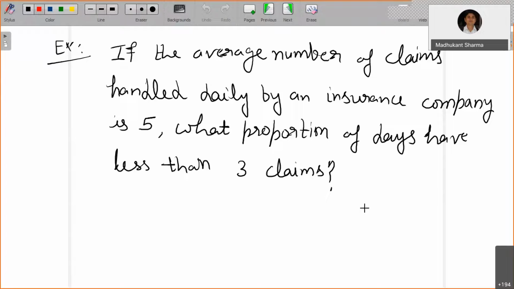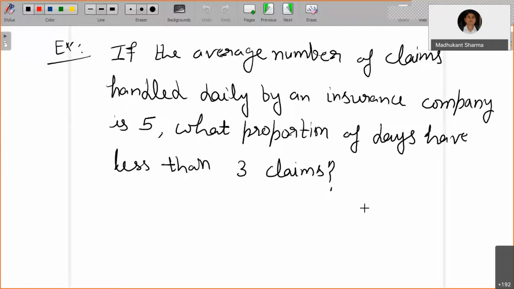So we can assume it may handle daily either 0 claims, 1 claim, 2 claims, or maybe suddenly many people will fall ill, like during this corona period. But whenever an insurance company is planning health insurance, it will take an average.